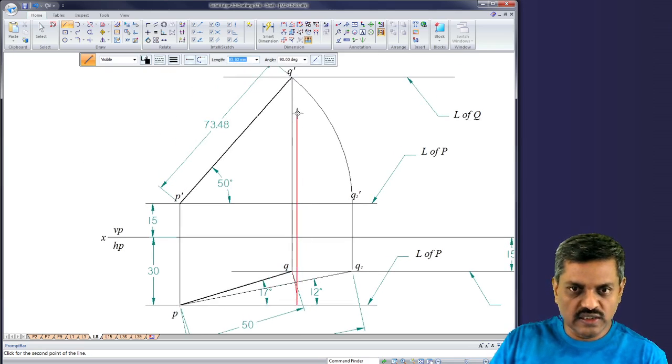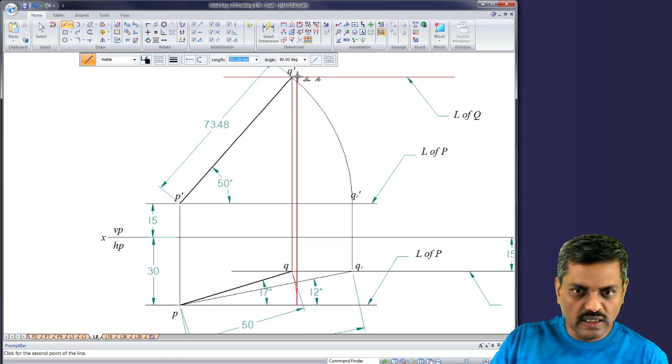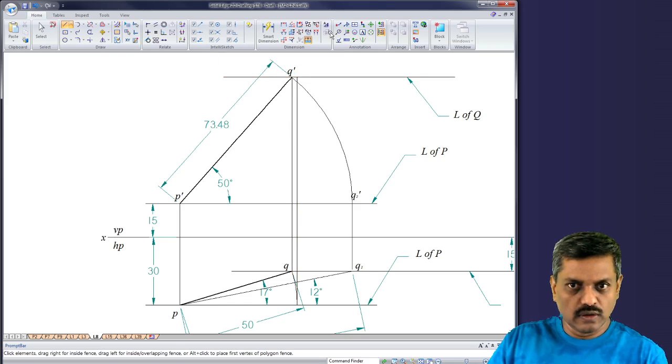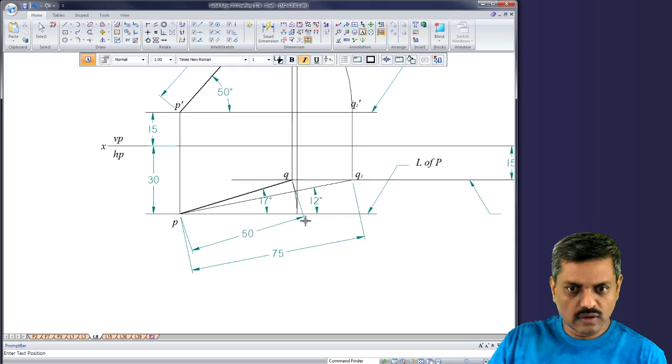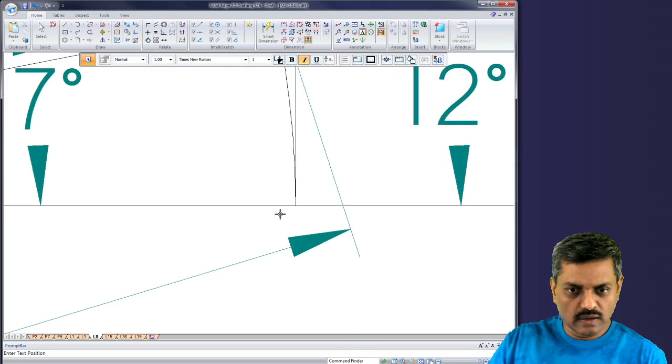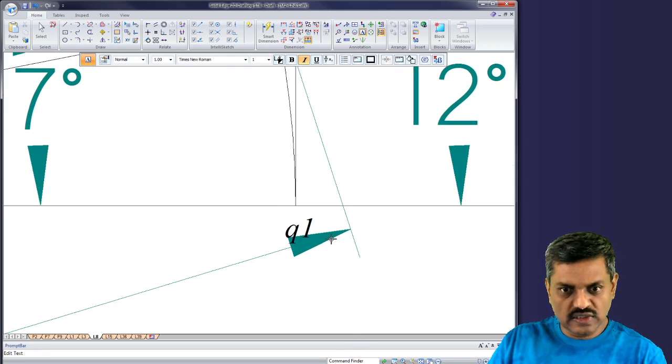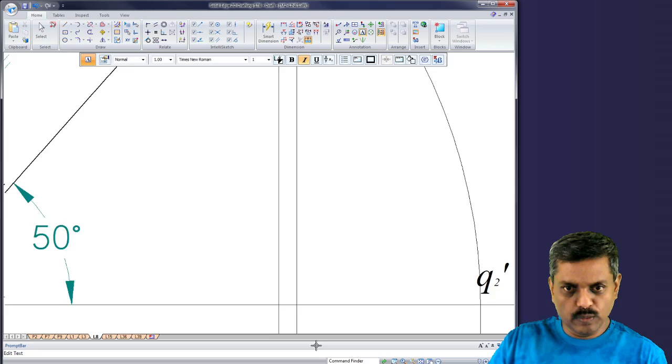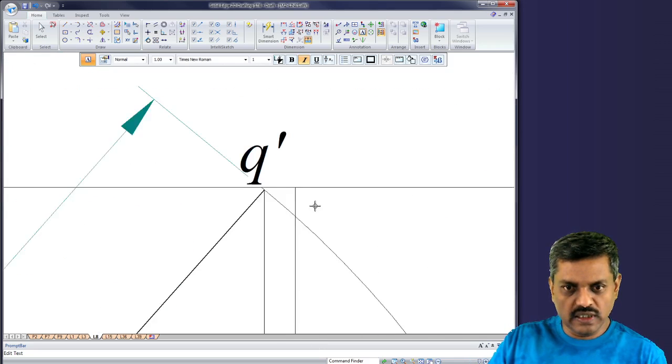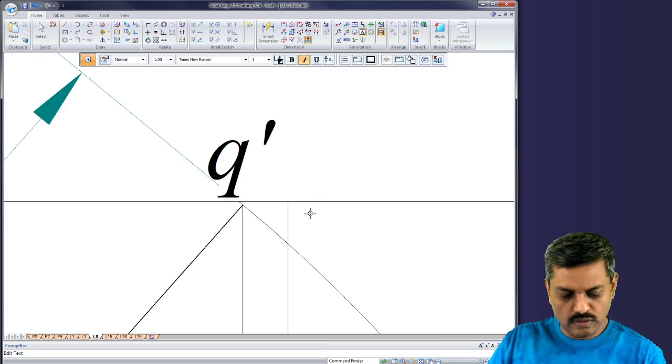Let me draw this and then name that until it reaches over here. It is vertical and then it is touching. So pick up this, then zoom in, and then you call this as Q1. The corresponding point in the other view will be Q1 dash.